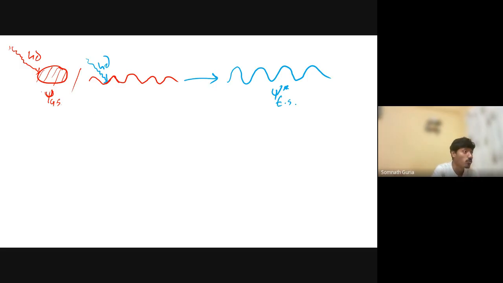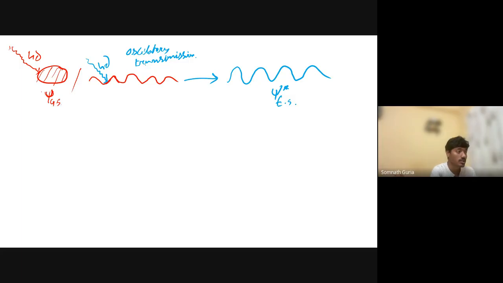How much this interaction happens between the wave function of the particle and the external perturbation depends on what is called the oscillatory transition.